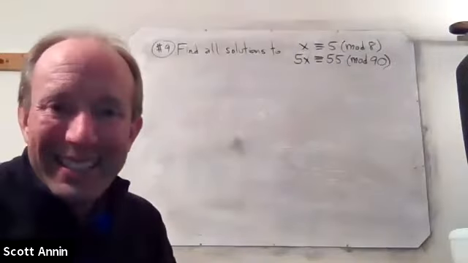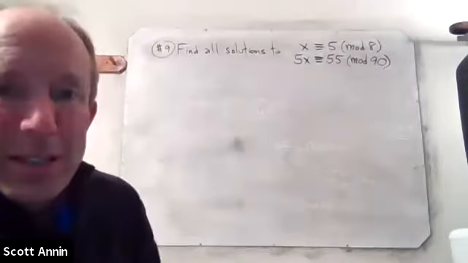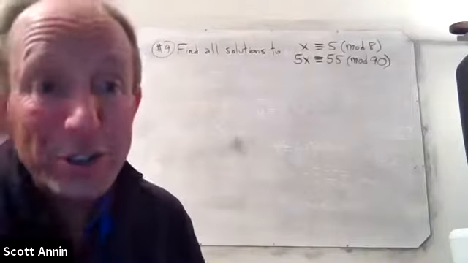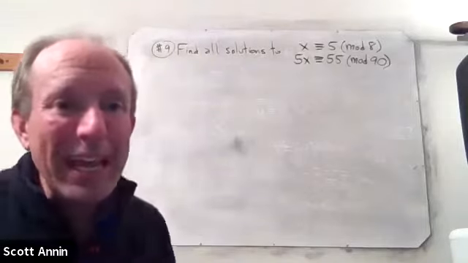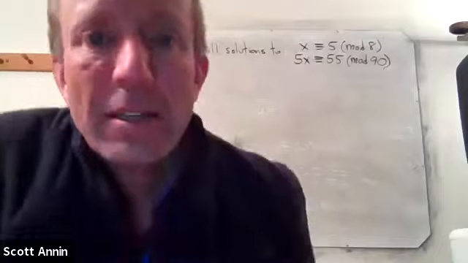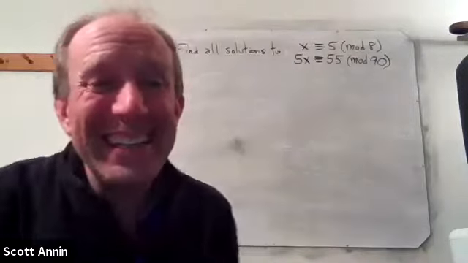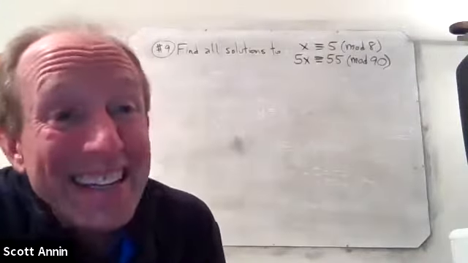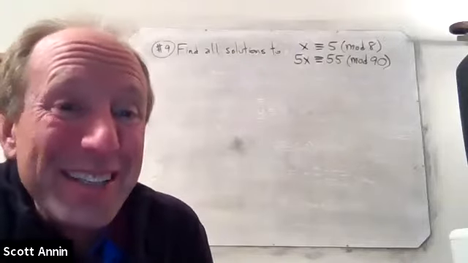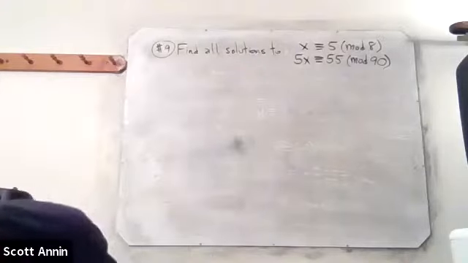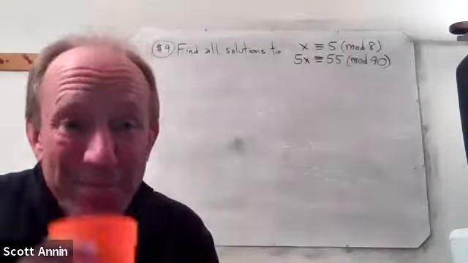So this is a system of just 2 equations this time, and we want to solve for x. Any thoughts on where to start on this system? How should we start working on this system?